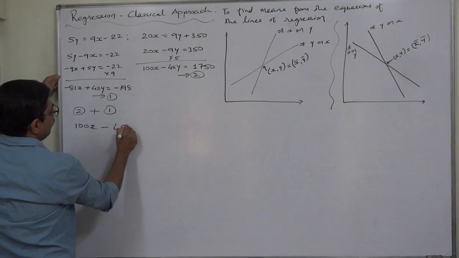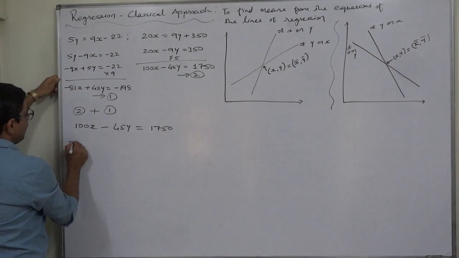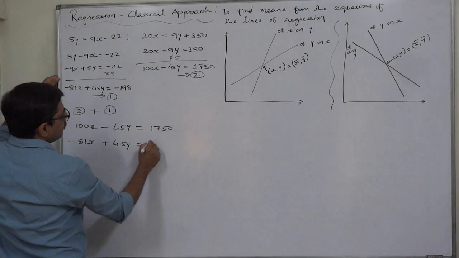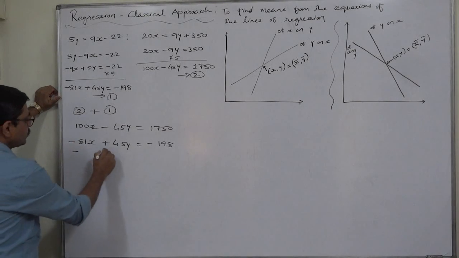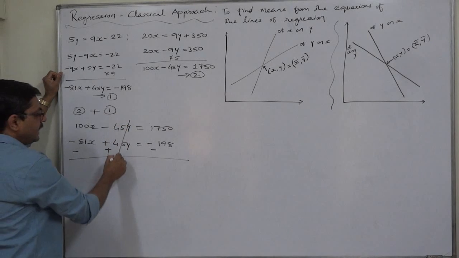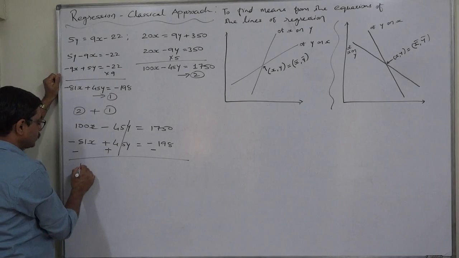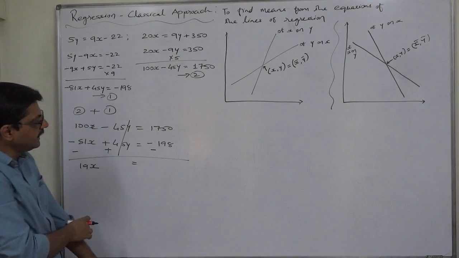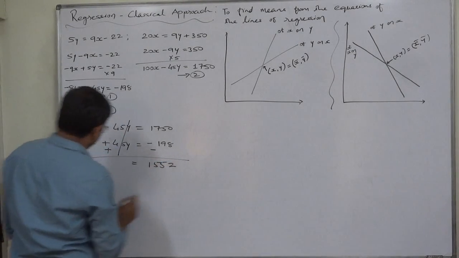100x minus 45y equals to 1750, plus minus 81x plus 45y equals to minus 198. If we add these, there will be no change in sign. So minus 45y and plus 45y can be cancelled. 100 minus 81 equals to 19x equals to 1750 minus 198, that will be 1552.